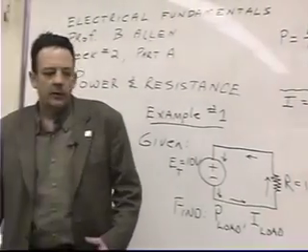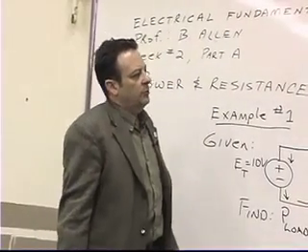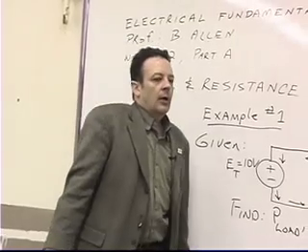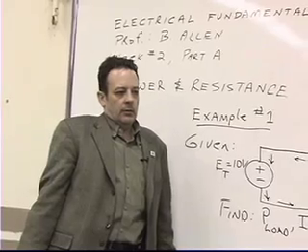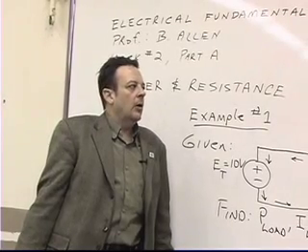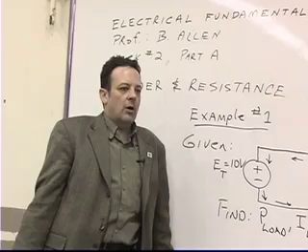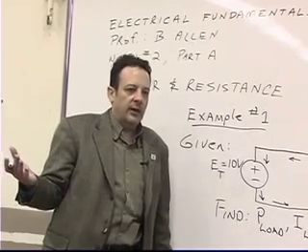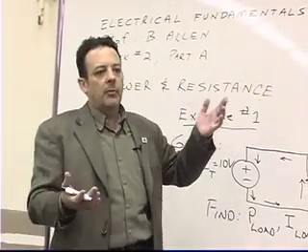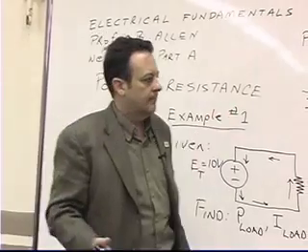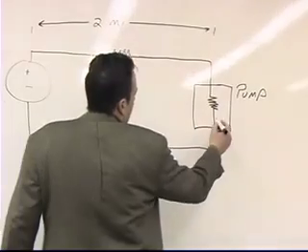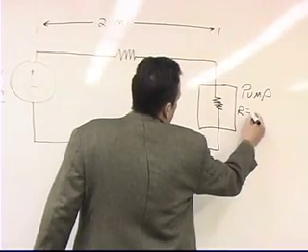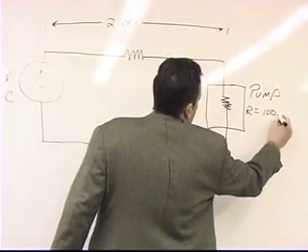Now, what we want to do is figure out how much money we're wasting in locating our DC generator, or our photovoltaic solar panels in this case, 2 miles away from the pump. Let's say that our pump has a resistance equal to 100 ohms.